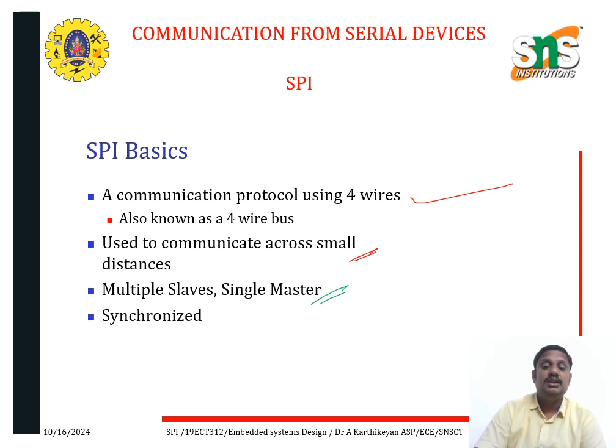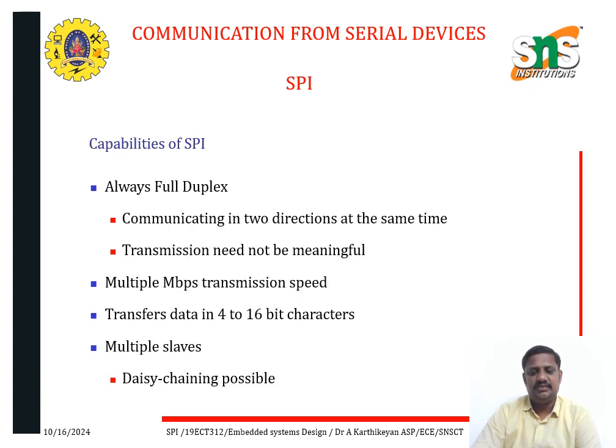Sometimes a device may act as a slave and sometimes as a master. This is the main advantage of the SPI basics, and it is also synchronized, which means it automatically synchronizes each and every device. That is very useful for transferring the synchronization information.